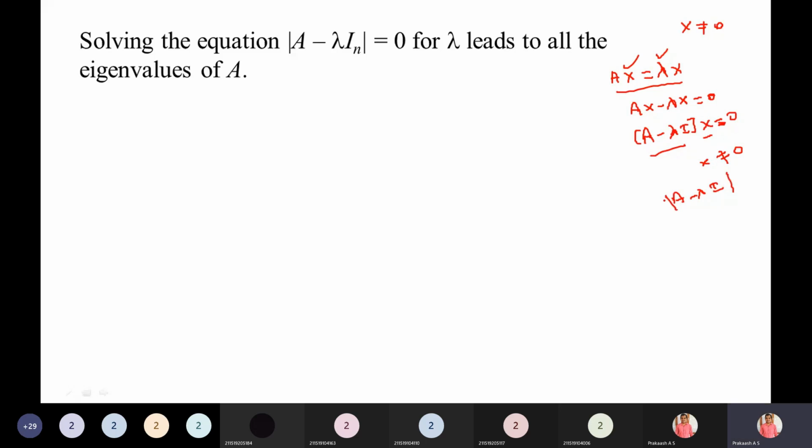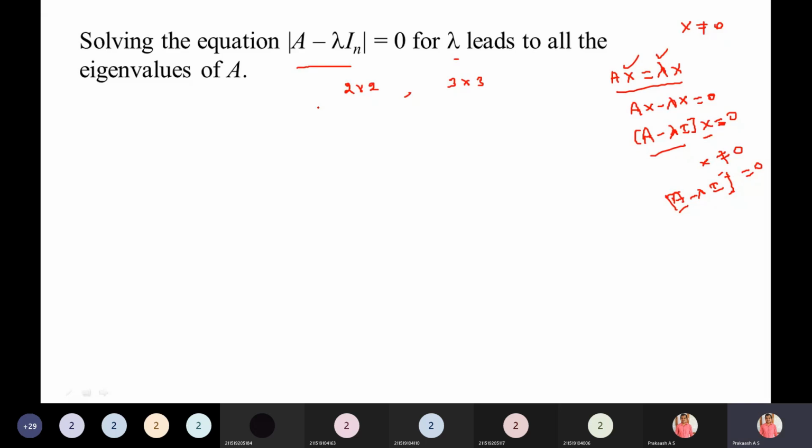By solving this equation for lambda, we get all the eigenvalues of A. Usually we study only 2 by 2 and 3 by 3 matrices, because it is difficult to find the eigenvalues of A for fourth order and fifth order matrices.